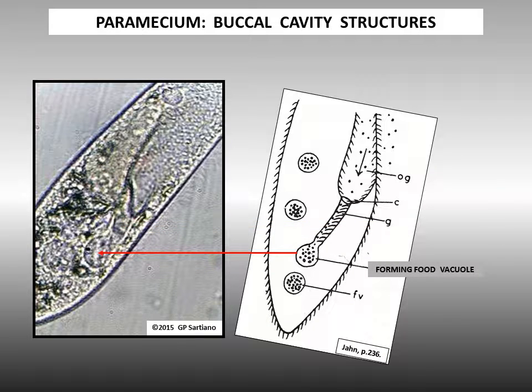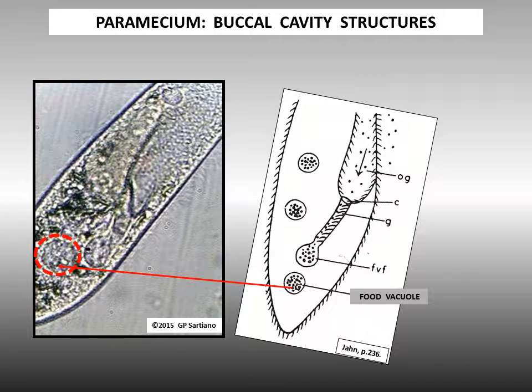It empties into a sphere-shaped forming food vacuole. Filled food vacuoles are released from their attachment to the distal end of the buccal apparatus and become involved in a circulatory path in the cell cytoplasm.